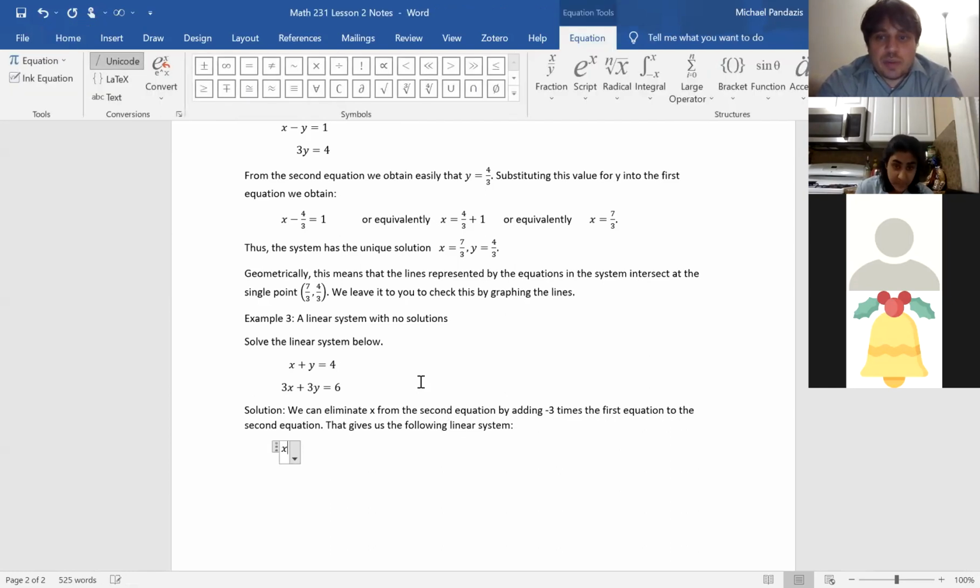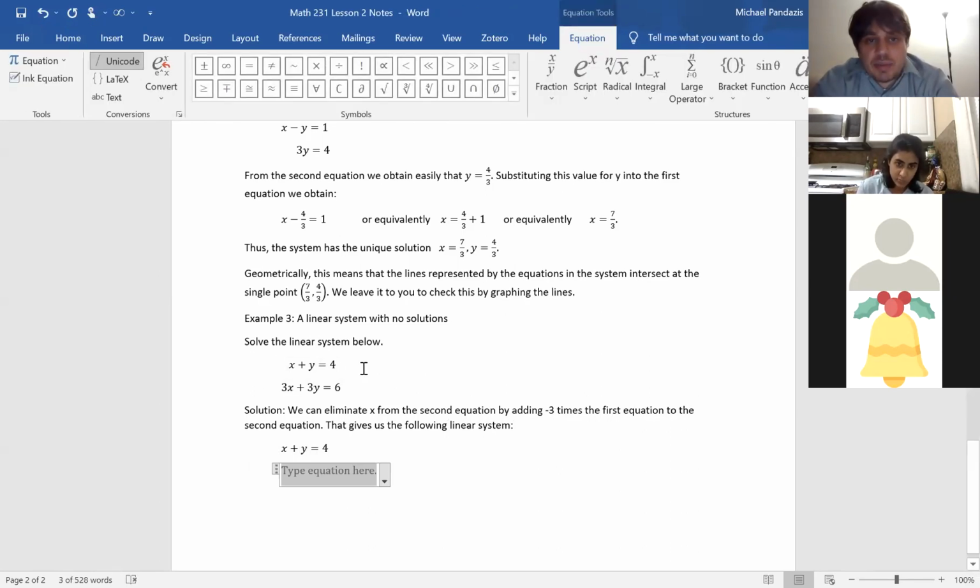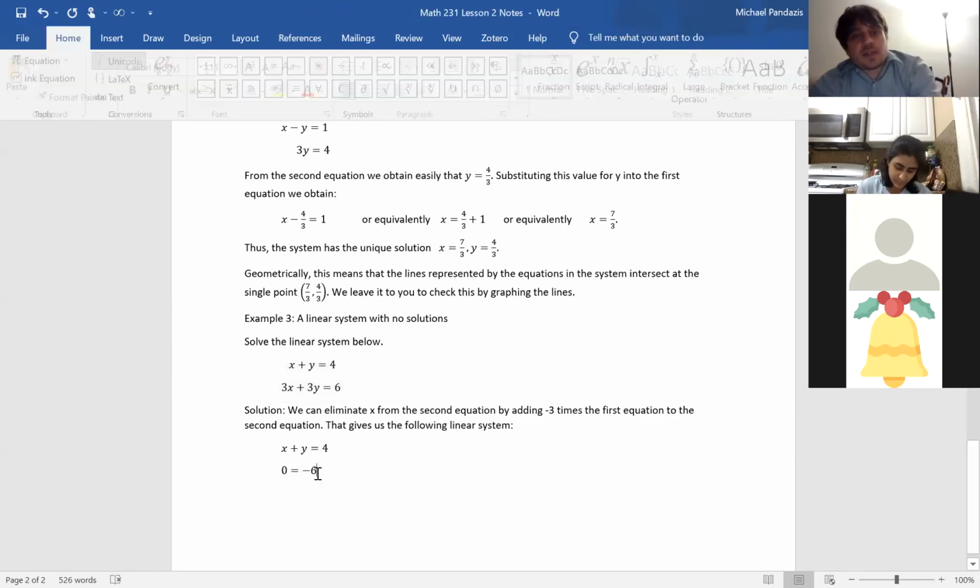Right, so you have the first equation x plus y is equal to 4, and then if you take -3 times the first equation, add the second, -3x plus 3x is 0x, -3y plus 3y is 0y, so the left side is 0, and then -3 times 4 is -12. -12 plus 6 is -6. As a result is this.